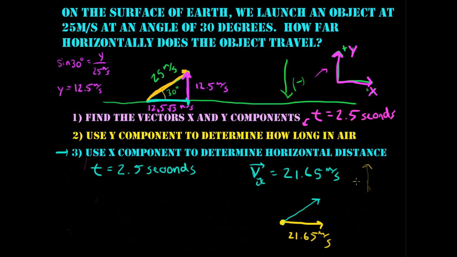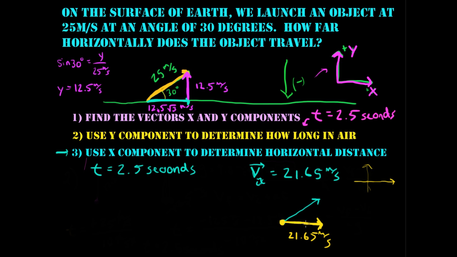It doesn't affect perpendicular motion. It only affects vertical motion. So this 21.65 meters per second is just going to stay 21.65 meters per second. So after 1 second, he'll go 21.65 meters. After 2, he'll go 2 times 21.65 meters. After 3 seconds, he'll go 3 times 21.65 meters.